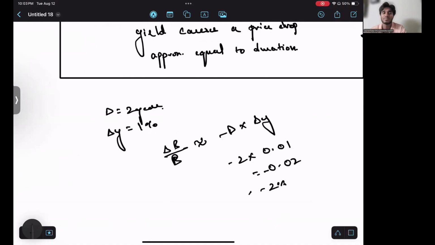This means that for a bond whose duration is 2 years and there is a 1% increase in the yield, the price lowers by 2%.